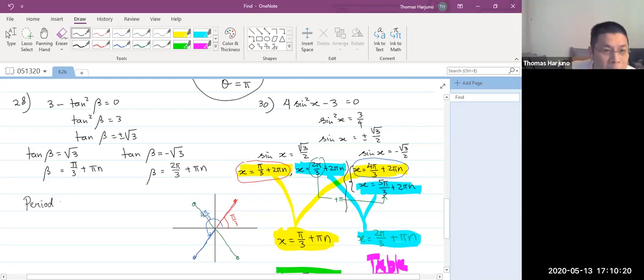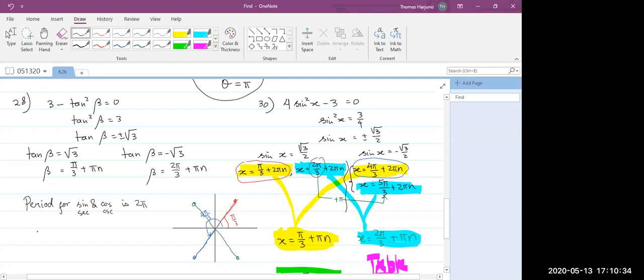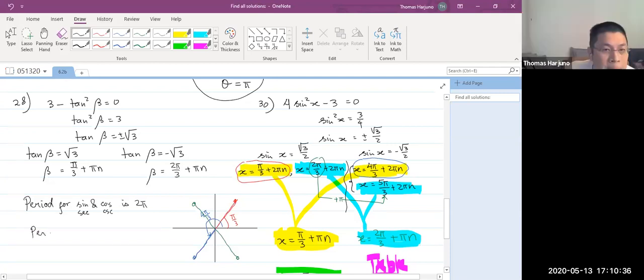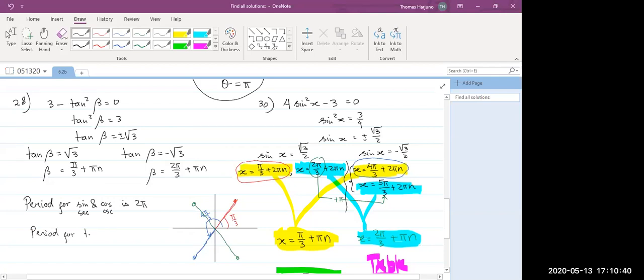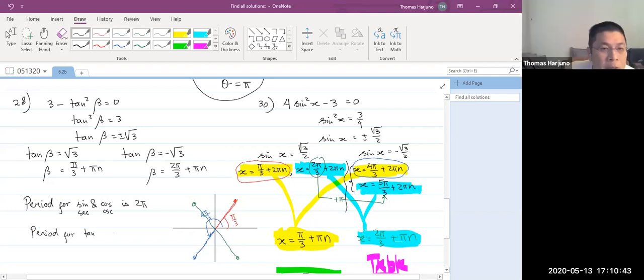The period for sine and cosine is 2 pi, and consequently secant and cosecant also. And tangent and cotangent is just pi. Okay, I remember now. Tangent and cotangent is pi.